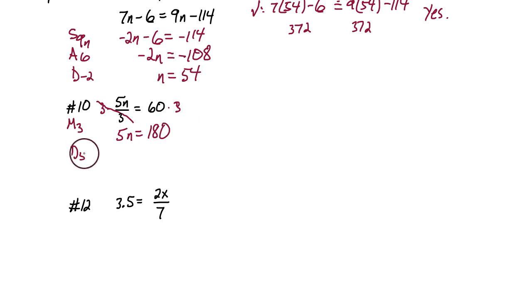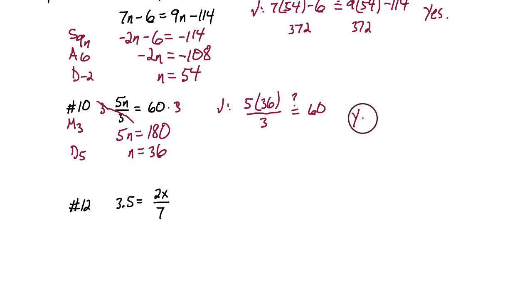Now we can divide by 5 on both sides. 180 divided by 5 is 36. To check that, substitute 36 in place of the variable. Is that equal to 60? Take a calculator, multiply these together, and divide by 3, and you'll find out that it is 60.